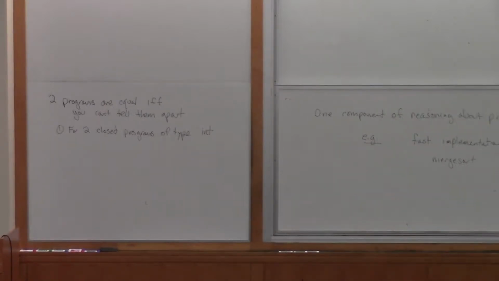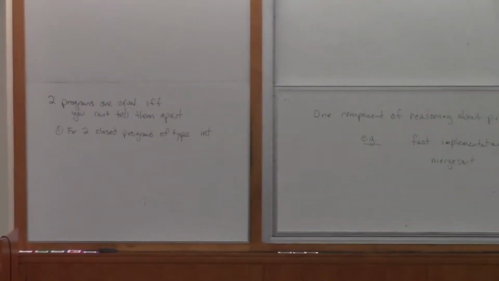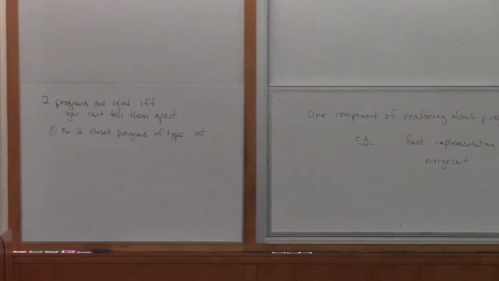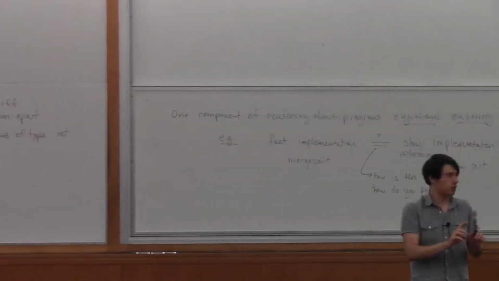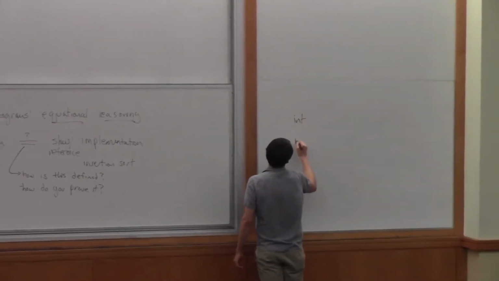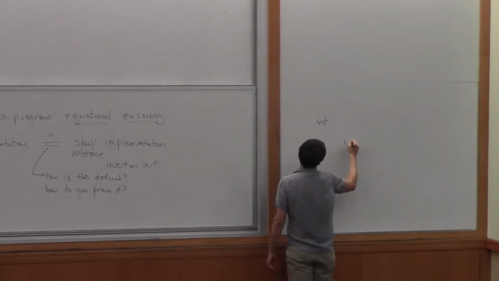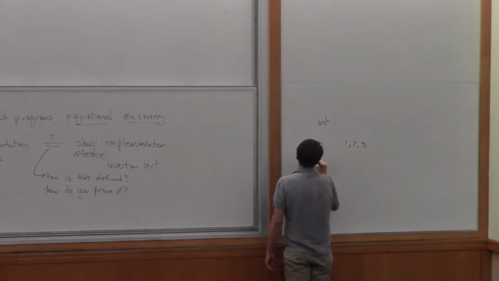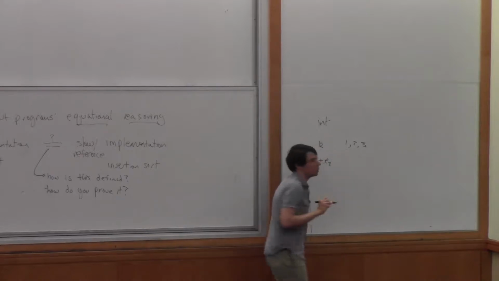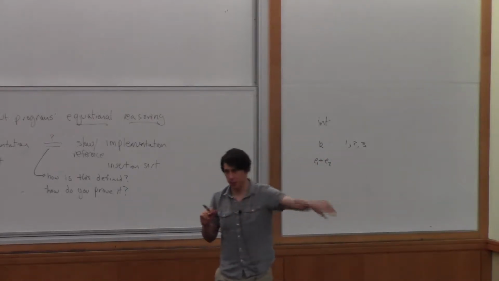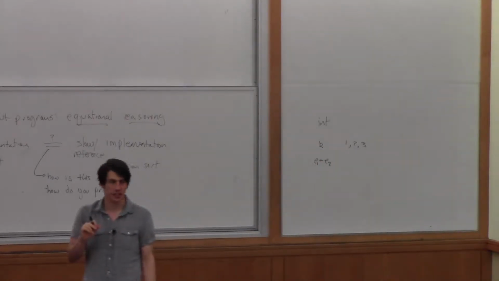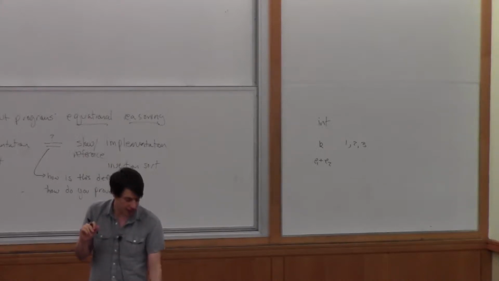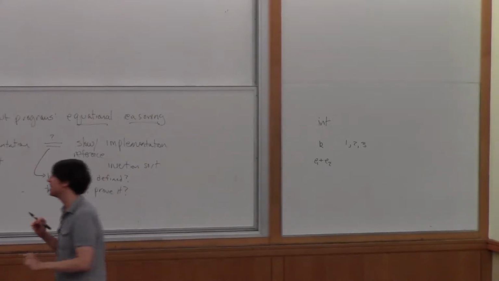But instead of natural numbers with 0, successor and recursion, just to simplify things, let's assume that we have int, treated as a base type, with numeric constants k, like 1, 2, 3, et cetera, and that we have e1 plus e2 built in. This gets some of the stuff about the recursor out of the way for today's lecture. One of the exercises for the hands-on session will be doing all of this for nat instead of int.